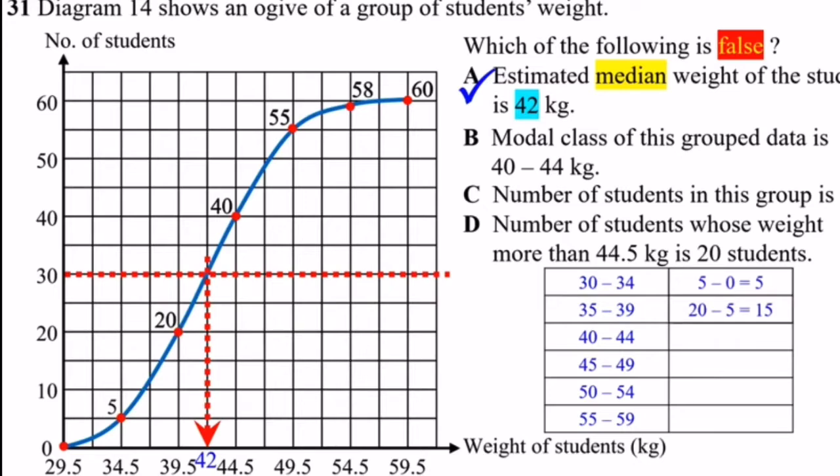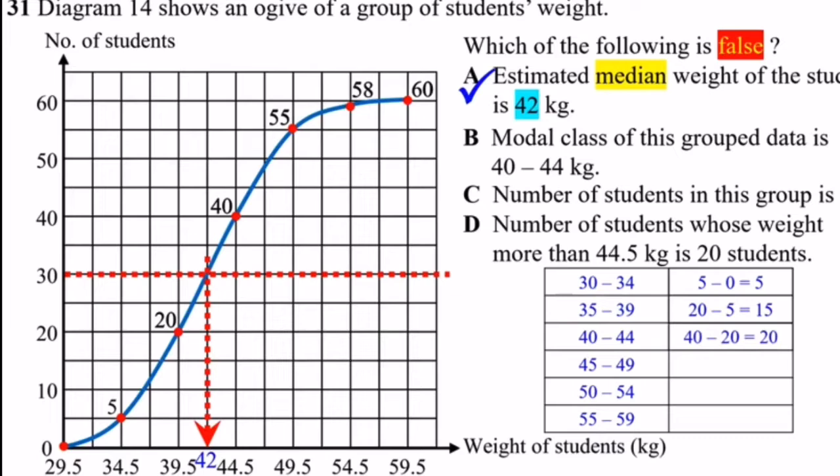Understand? Followed by, we take the next one, let's read the point carefully. It's at 40 and 20, right? So we take 40 minus 20. That is the third class interval.